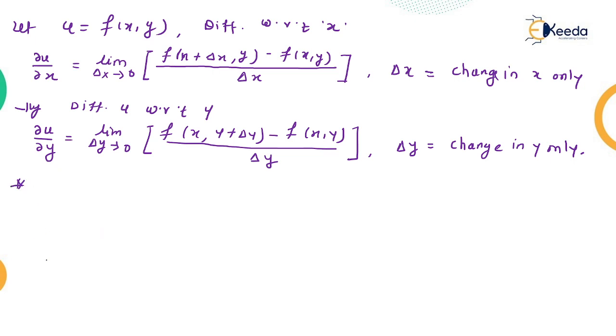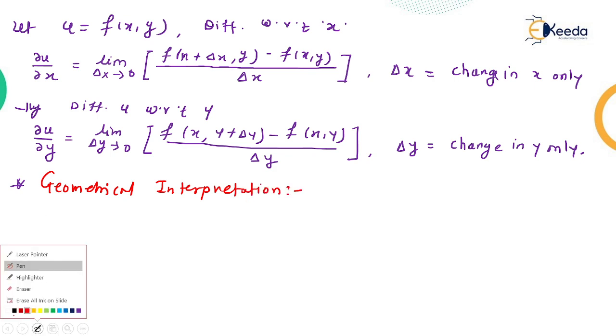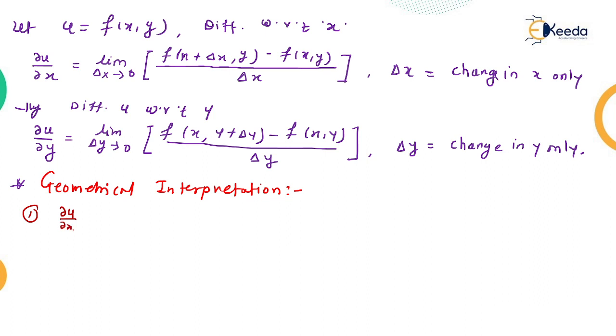Next I want to discuss the geometrical meaning of partial differentiation. So I am writing here geometrical interpretation of these derivatives. Number one, del u divided by del x, calculated at a point, suppose x1 comma y1.